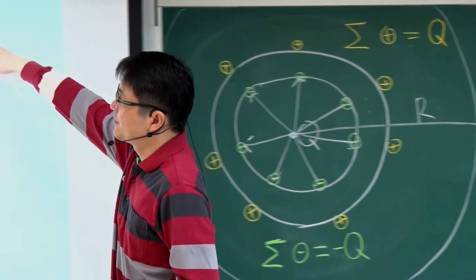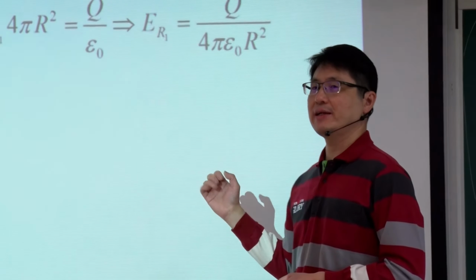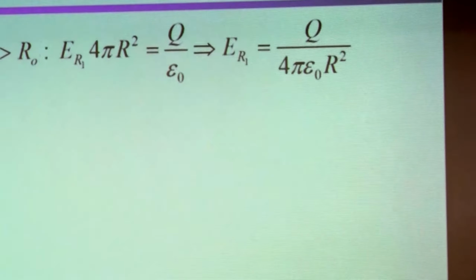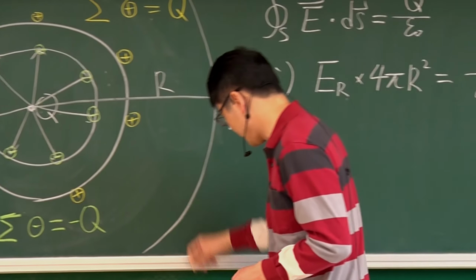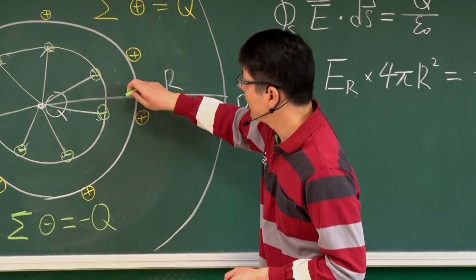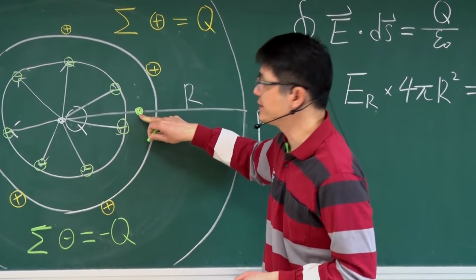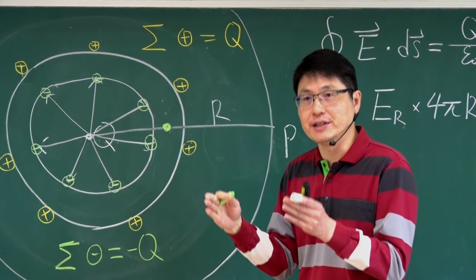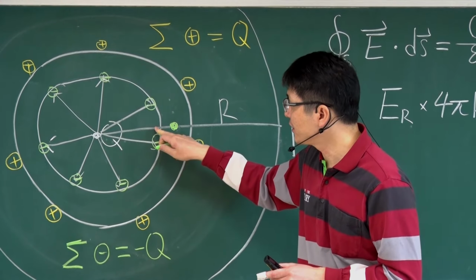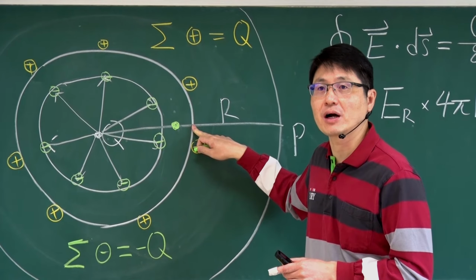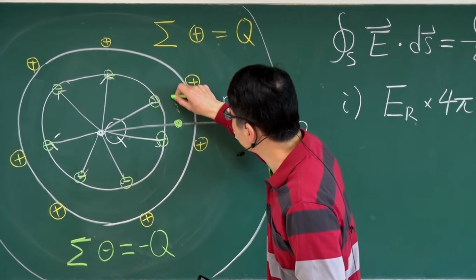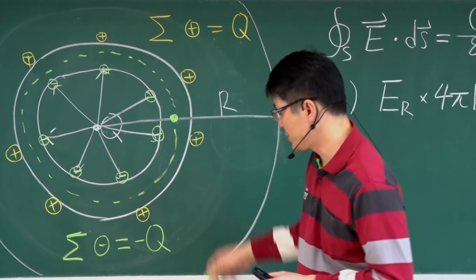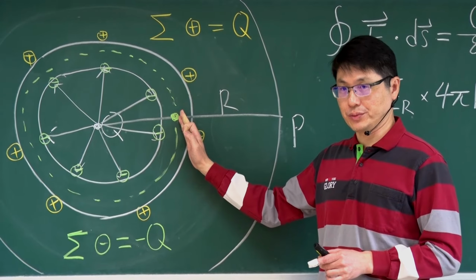Alright, so that's case number one. We're standing outside of the shell. What happens if we stand inside? If our observation point is inside the shell, meaning the radius r is greater than ri and smaller than ro. So now I can form a second closed surface.